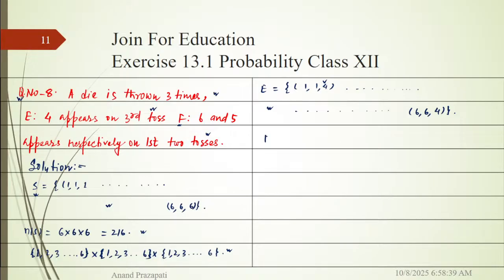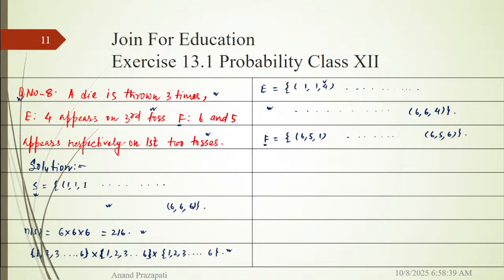Now we find out the sample points of event F. Event F says that 6 and 5 appear respectively on the first 2 tosses. It means that here will be 6 5 1 and 6 5 2, and at last 6 5 6.